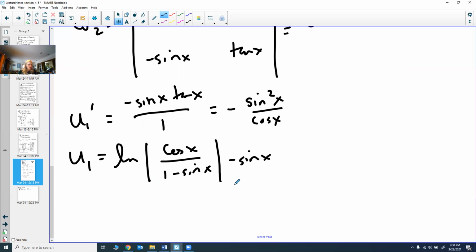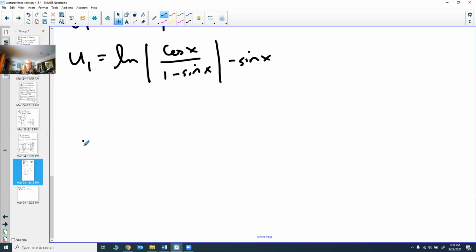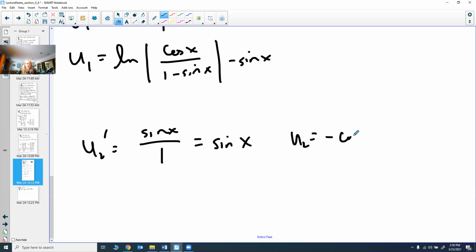Okay, u2 prime is w2, which we found to be sine of x, over the Wronskian of 1. So u2 prime is just sine x. So u2 is the integral of sine of x, which is negative cosine x.